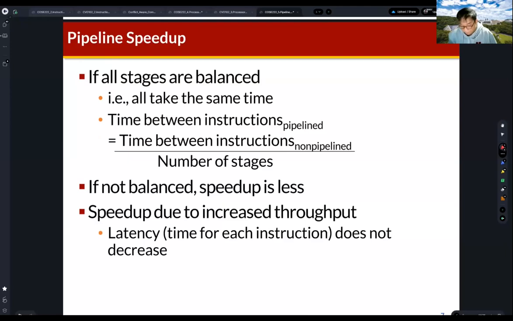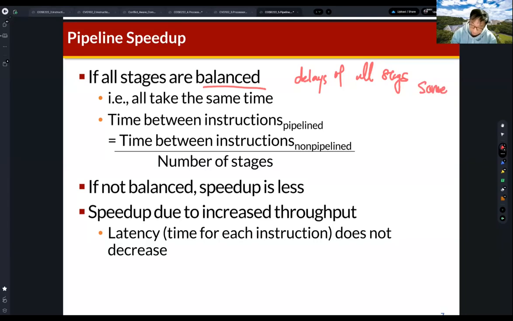Okay. Then let's think about the benefit, the speedup by pipelining. If all stages are balanced, so what does that mean? Balanced means that the delays of all pipeline stages are the same.